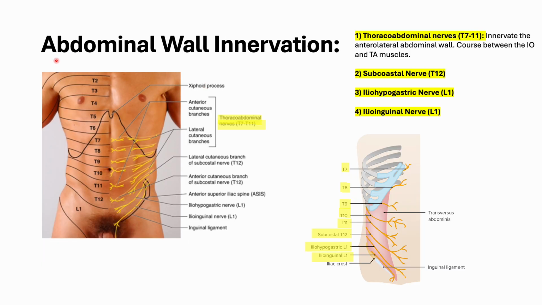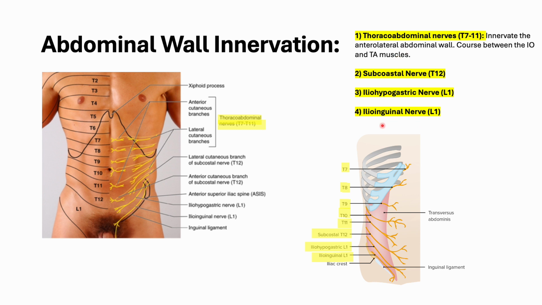All right, so I just wanted to have a slide going over a summary of the abdominal wall innervation. We talked a lot about these 4 nerves. Again, we talked about the external oblique, internal oblique, transversalis muscles, and the rectus abdominis. They were either innervated by one of these, all of these, or all of these except for some of these.